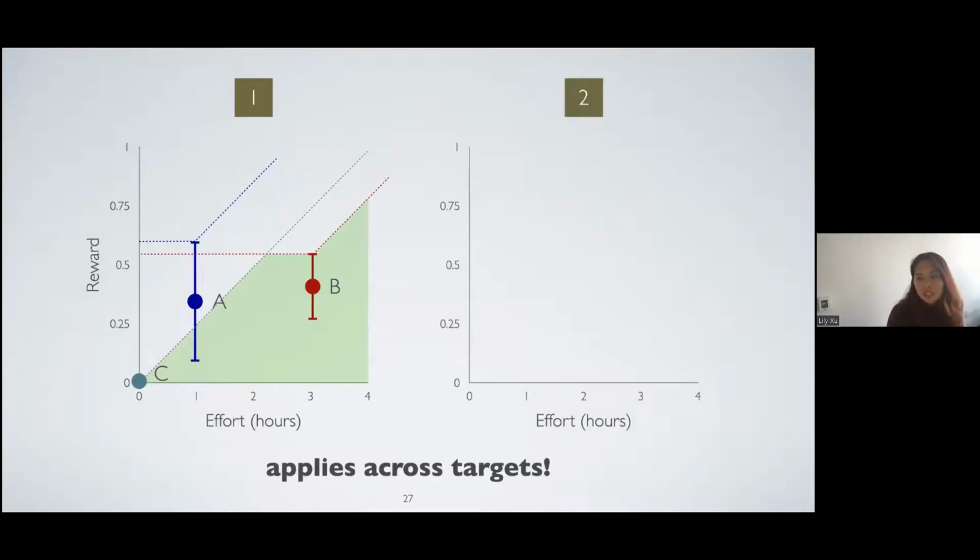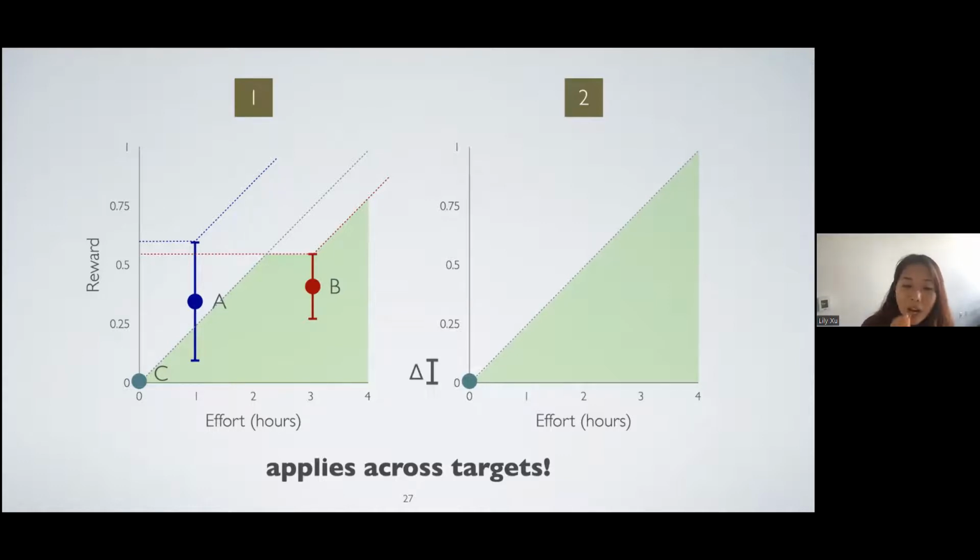And we recognize that our Lipschitz continuity, our smoothness assumption, actually applies across targets as well. So if we now consider target 2, and let's suppose that we've never patrolled target 2 before, we have no idea what its poaching probability will be, which means that all we have right now is this estimate that 0 patrol equals 0 probability of poaching.